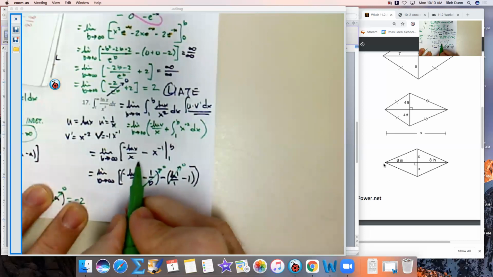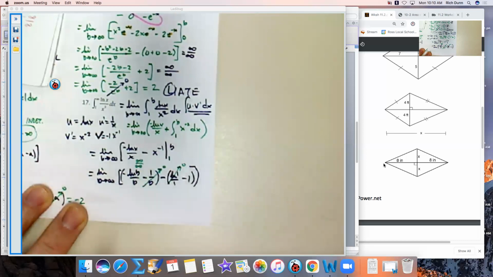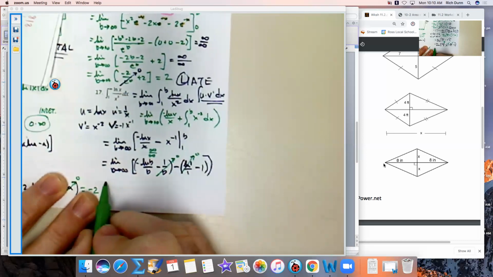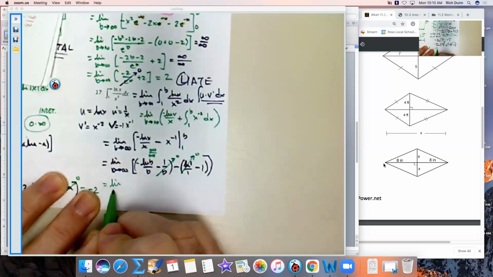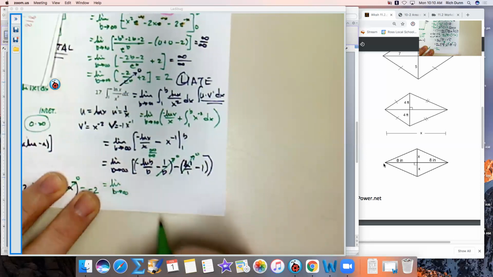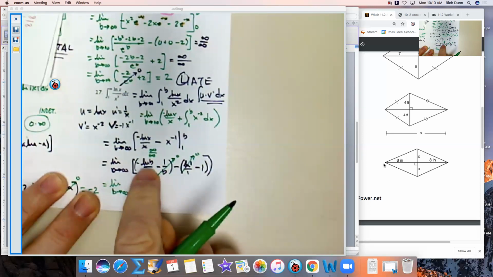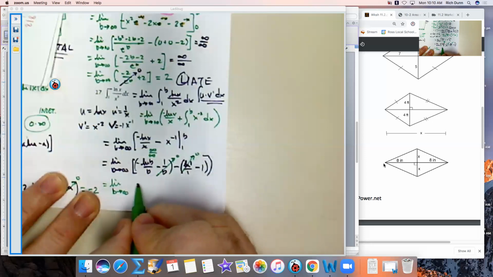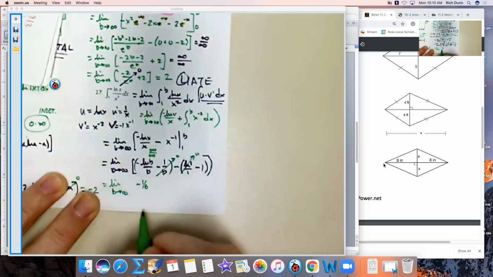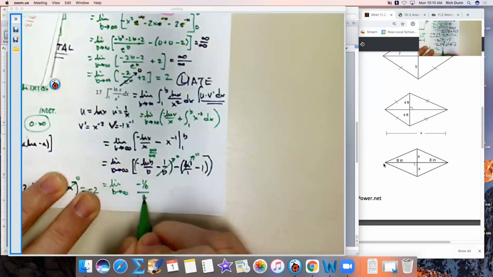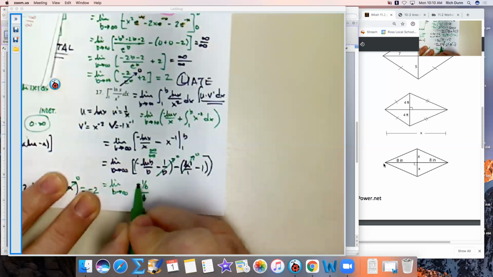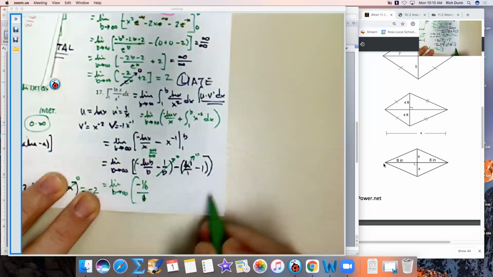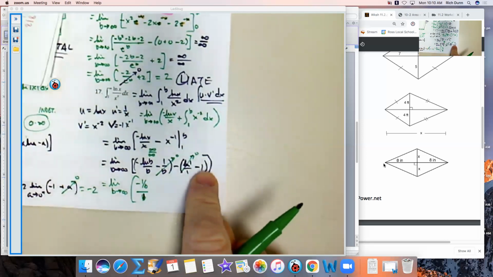But this one is an infinity over infinity, which means we need to do L'Hopital here. So that would mean the limit as b goes to infinity, the derivative of natural log of b will be 1 over b, and of course, the derivative of b will be just 1. And I do have this guy still hanging out here.